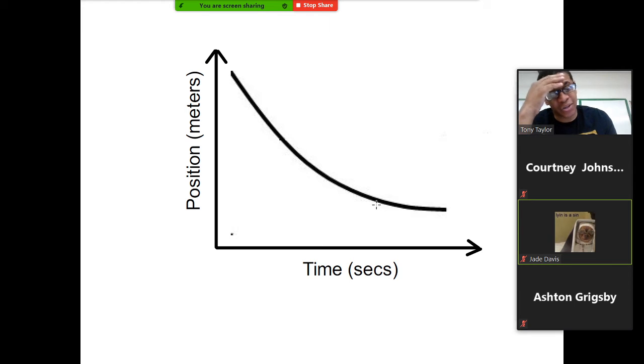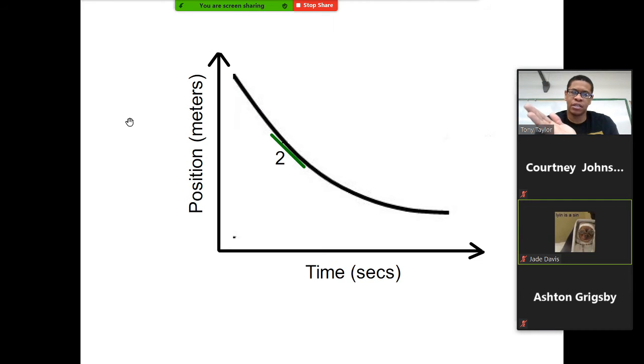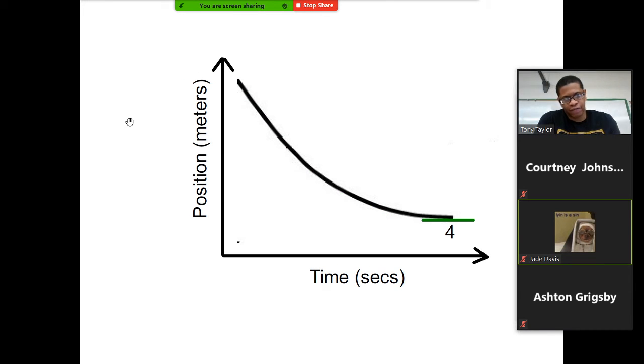How do you know it's slowing down? Well, the curve appears to be flattening out with time, and we see that because if I draw a trend line at 1 second, the line representing the slope of that curve appears to be relatively vertical. Then draw a trend line at 2 seconds, then 3 seconds, then 4 seconds.